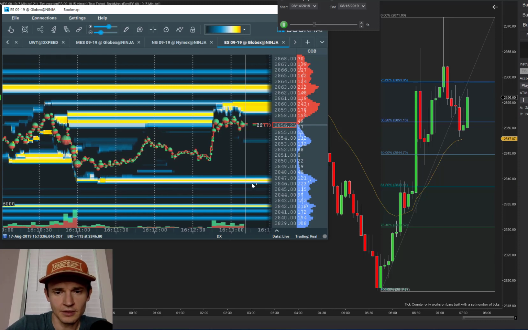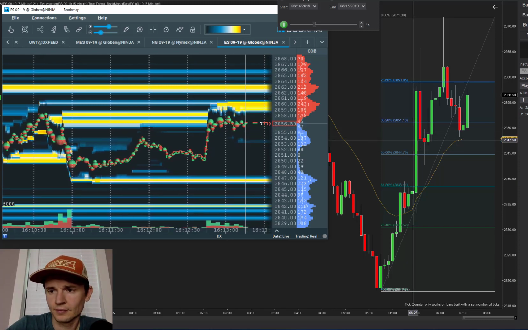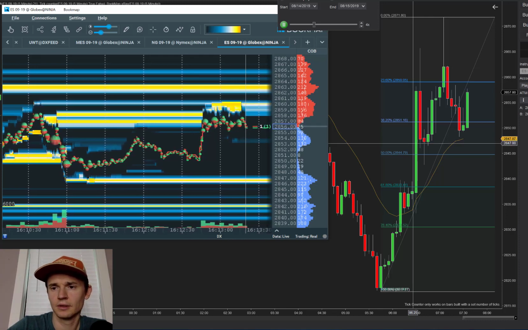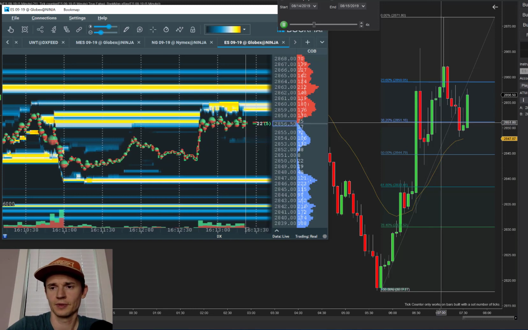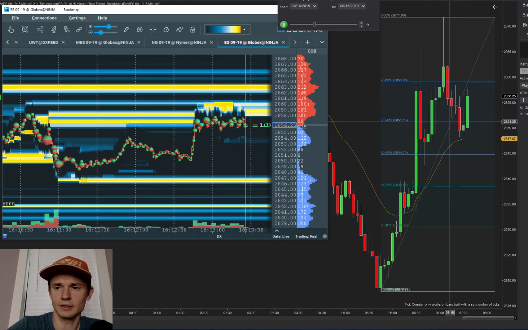So the battle continues. So 2847. 2847 was down here. We never got down to that level. 38% would have been good for at least a scalp.